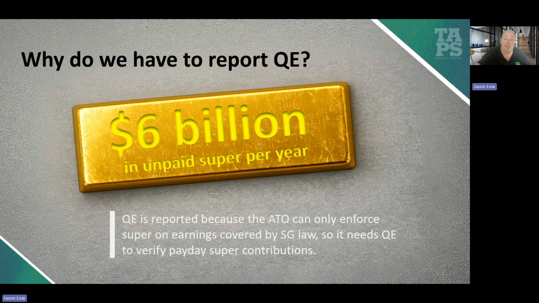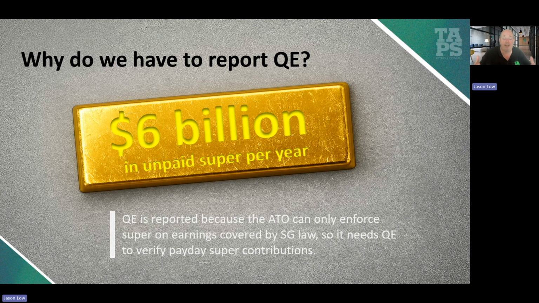Now, at the moment, because it's done quarterly and there's a time gap and it's a little bit clunky, one of the massive benefits for Payday Super moving forward for the ATO is they're going to see it on a pay period by pay period basis. They will get our STP report and go, right, Jason said he is paying super worth $20,000 for all his employees. Within 7 days, the super funds will have received that money, and then they will send a report to the ATO saying, here's how much super we have received from Jason as an employer.